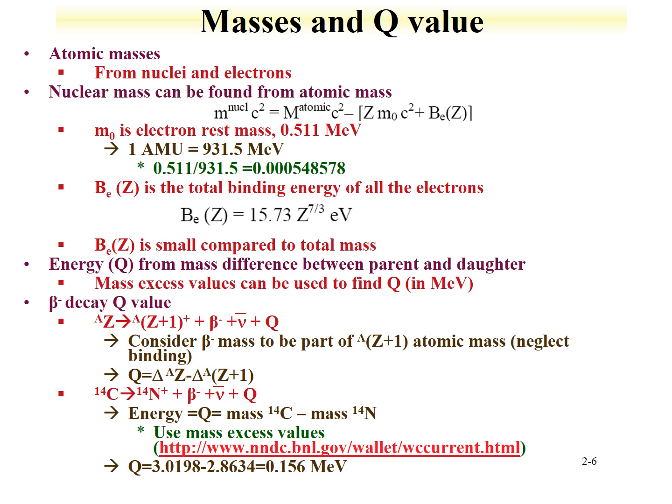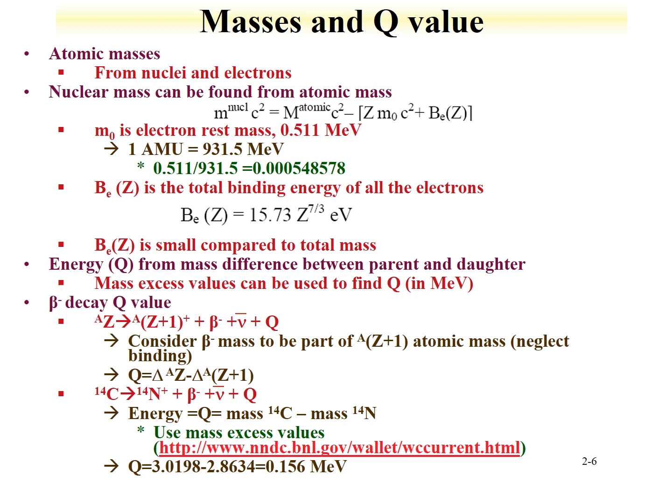In the previous slide, we focused on nuclear masses, but since we're talking about atoms, we really need to consider the atomic mass, and let's convince ourselves that basically the electron mass doesn't matter in the atom. So we can talk about the nuclear mass as found from the atomic mass. The nuclear mass is equal to the atomic mass minus the mass of the electrons plus the binding energy of those electrons.